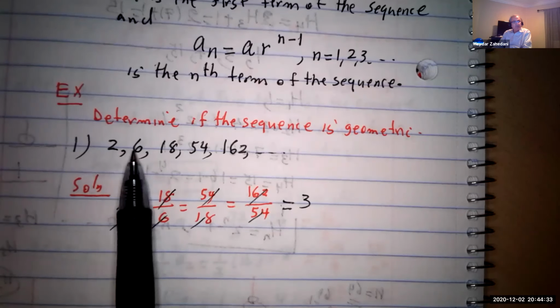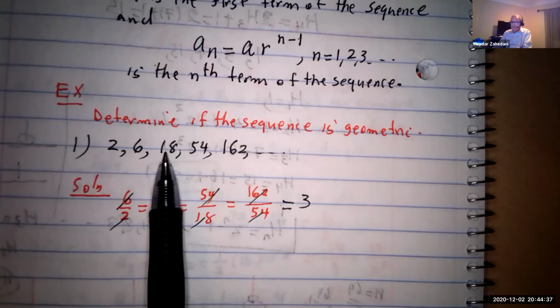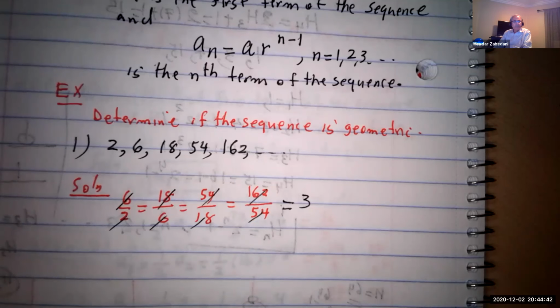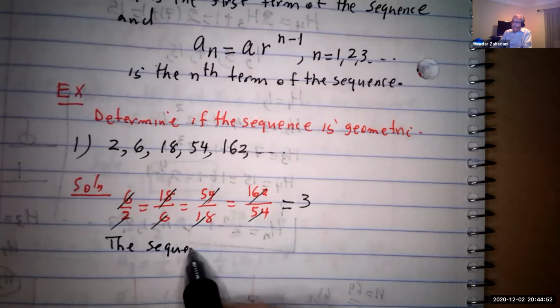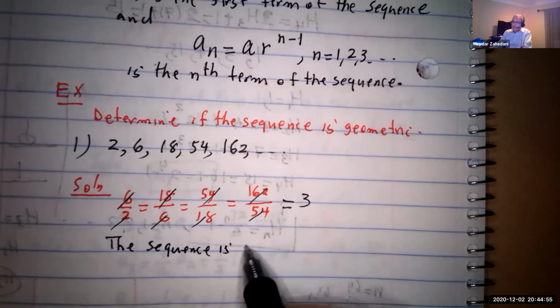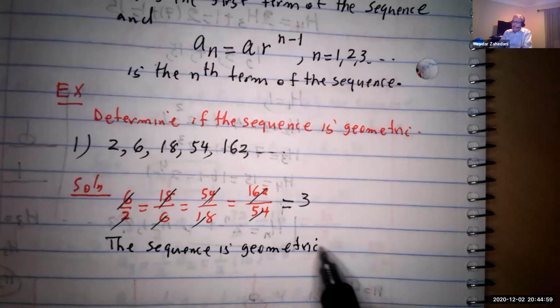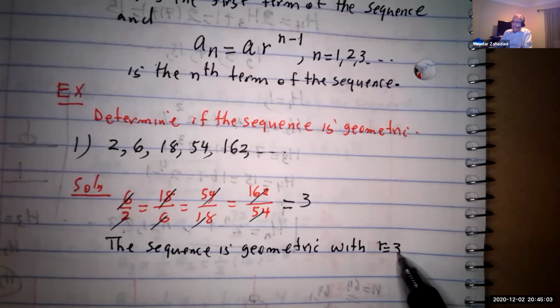So we start with the 2, you multiply by 3, you see 2 times 3 is 6, 6 times 3 is 18, 18 times 3 is 54, 54 times 3 is 162. So it's a geometric sequence with a common ratio of 3. So the sequence is geometric with the common ratio of r equal to 3.